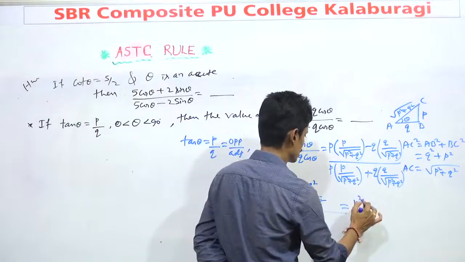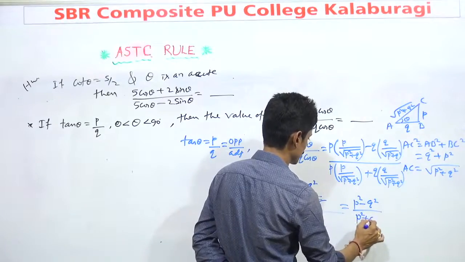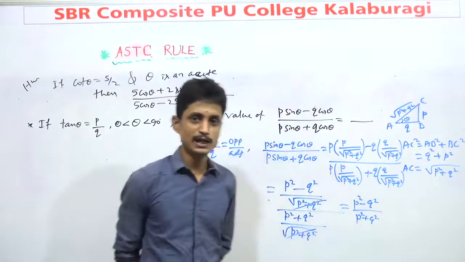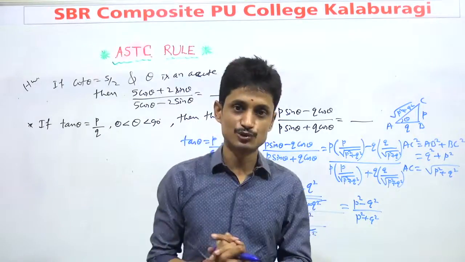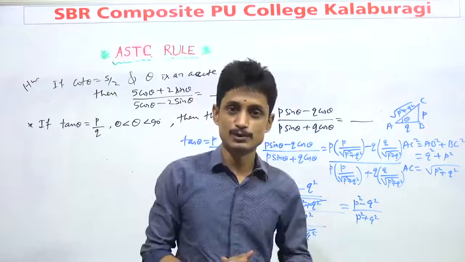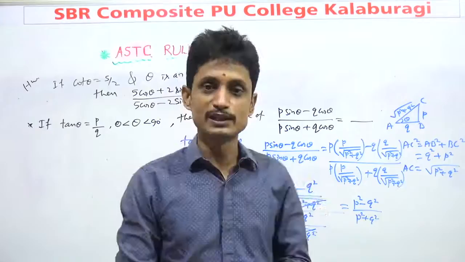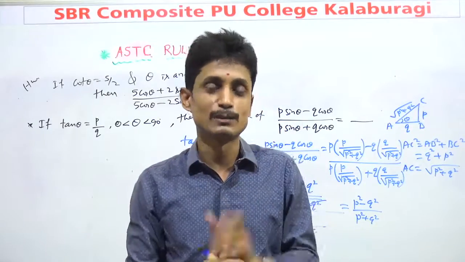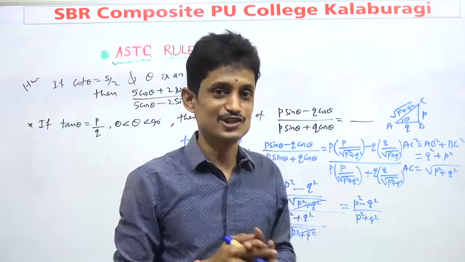We got the answer p square minus q square divided by p square plus q square. One of the options will be p square minus q square by p square plus q square, or otherwise 1 by p square plus q square, 1 by p square minus q square, or in reverse, p square plus q square by p square minus q square. Like these four options we will arrange in exam.